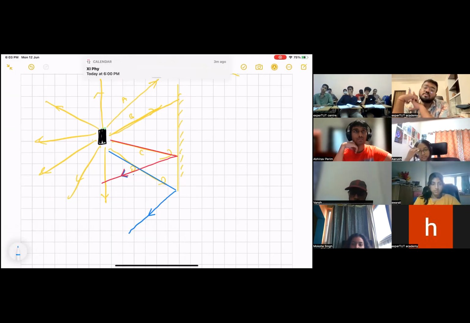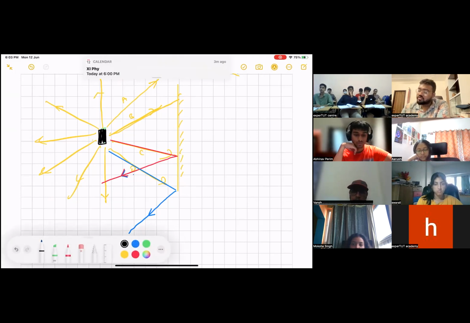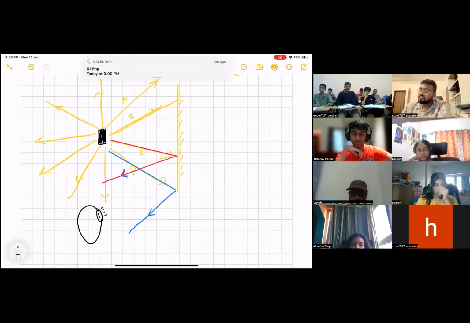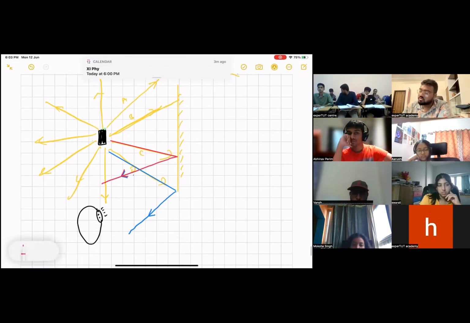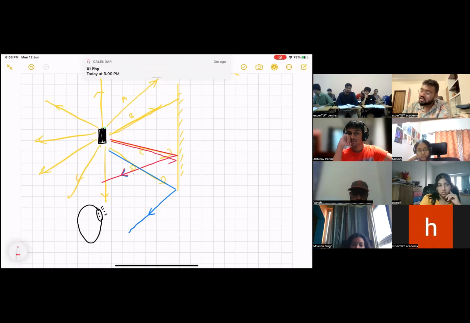They try to see the perception of it. If you keep an eye here, like this is your face and this is your eye, there will be two rays, on a smaller scale, those which were about to hit the eyeball.